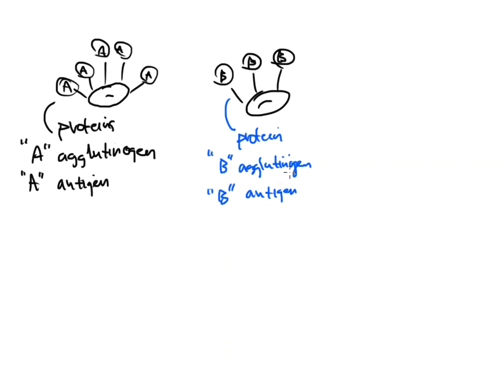Okay, I kind of get it, right? That makes sense. There's kind of a trend here. The proteins on the surface of the cell are also called the agglutinogens, and they're also called the antigens. So I don't need to get confused when it comes around with that kind of stuff.